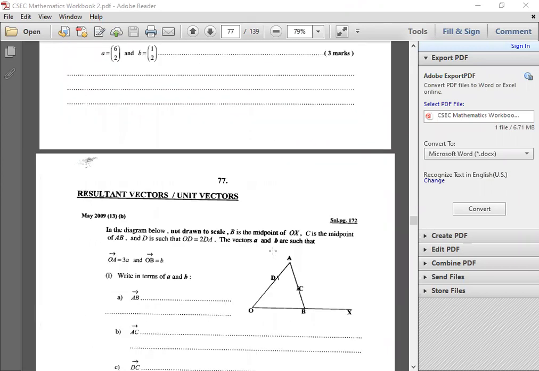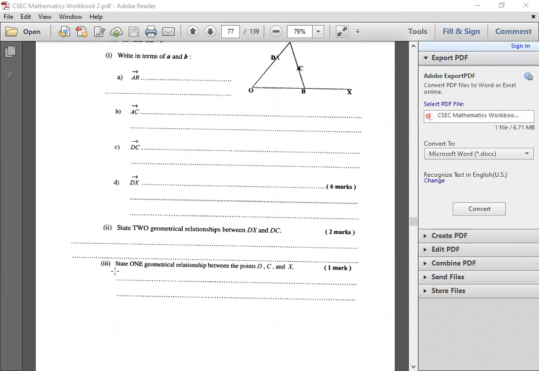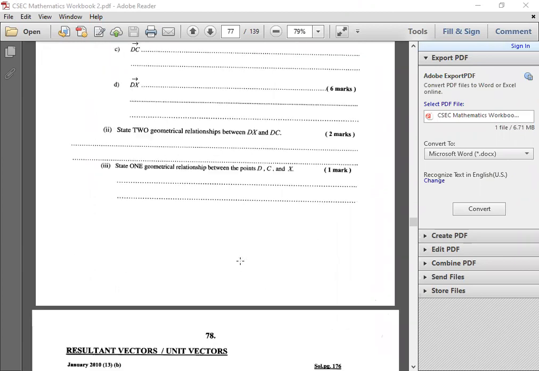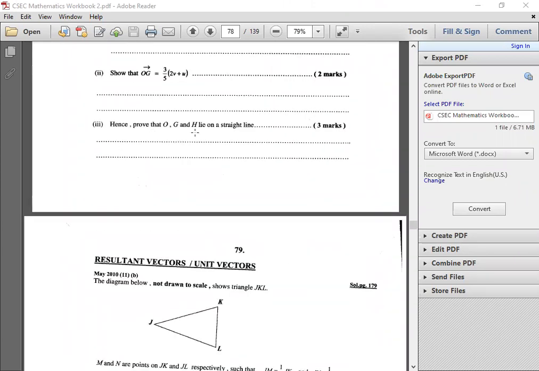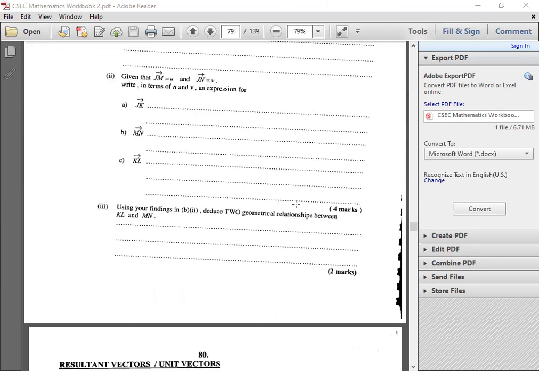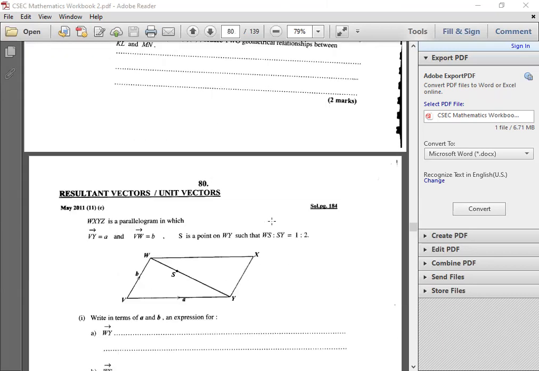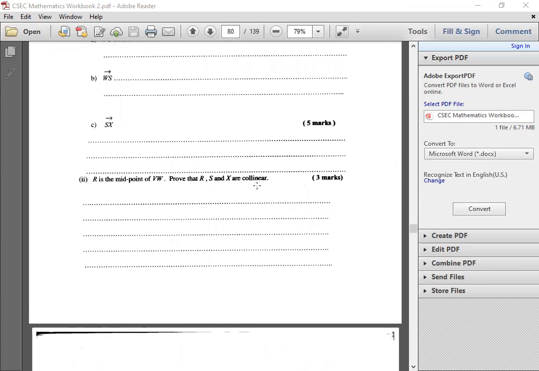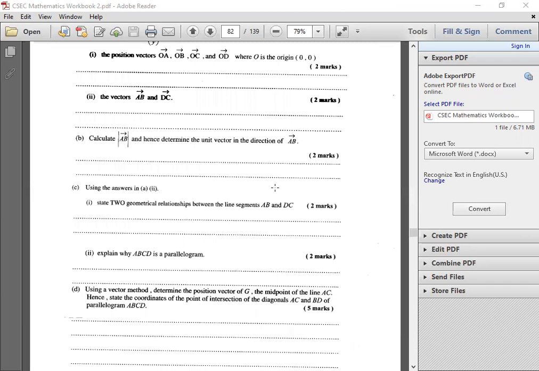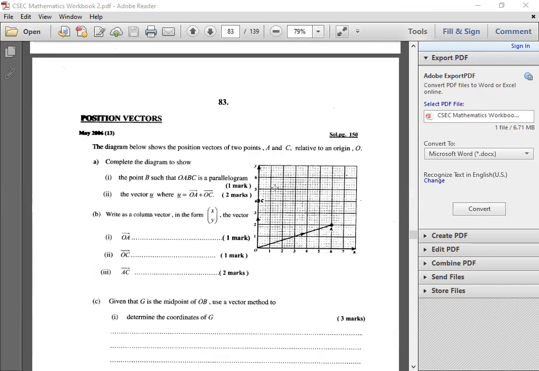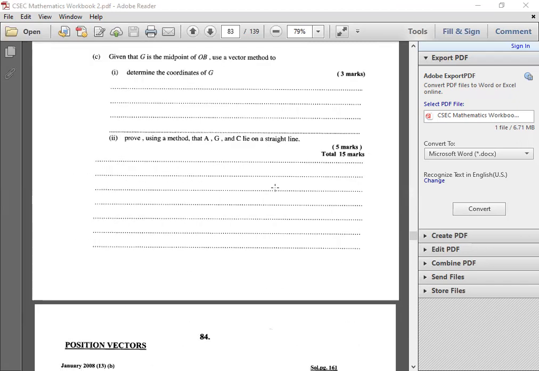All they need to do is to practice them. See it here, prove that these 3 points lie on the same line. Collinearity again. So practice and practice until Wednesday.